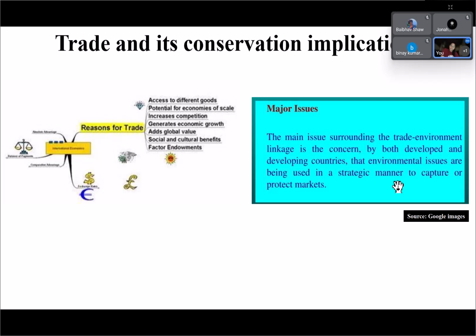But when you talk about conservation, you can imagine why it becomes important, because more demand for trade means more demand for products, and more demand for products means more usage of land, water resources and mineral resources, and that is what highlights the important issues related to trade.